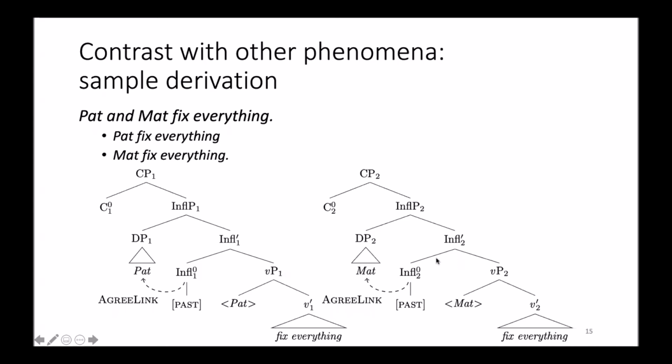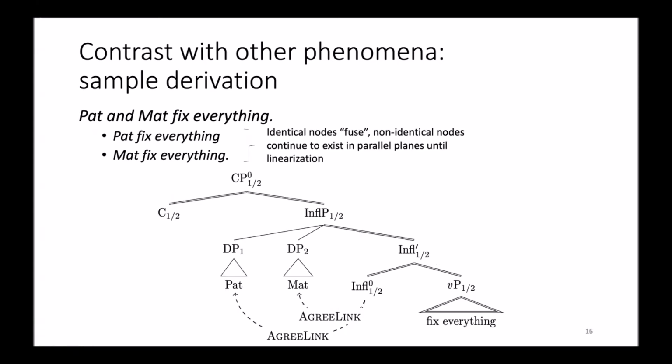And what we're going to do next is perform a union of these sentences, which basically means just slapping these two sentences together and fusing identical nodes, which in this diagram is represented by double edges, while the non-identical nodes are going to continue to exist in parallel planes, at least until linearization.